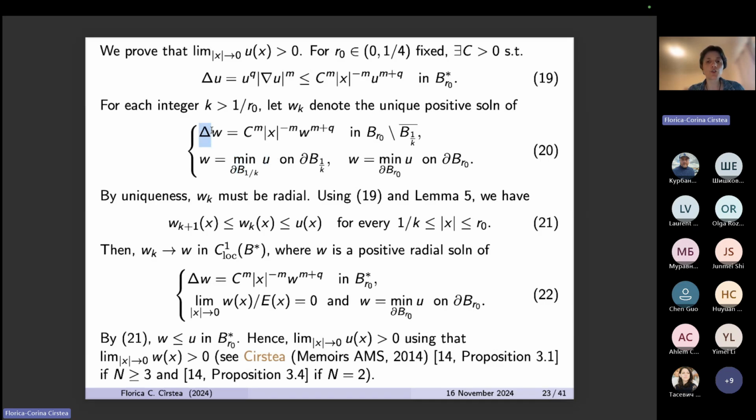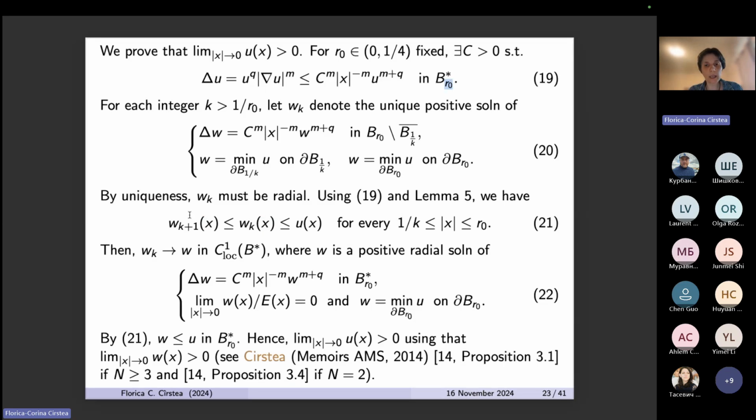Then this w_k, from what we discussed yesterday, has a unique solution, is radially symmetric by uniqueness and by the symmetry of the problem, is increasing in k, and is dominated by u, because u is a supersolution by relation 19.